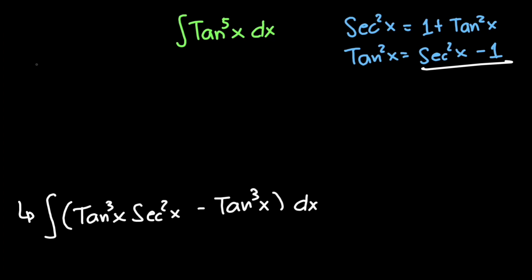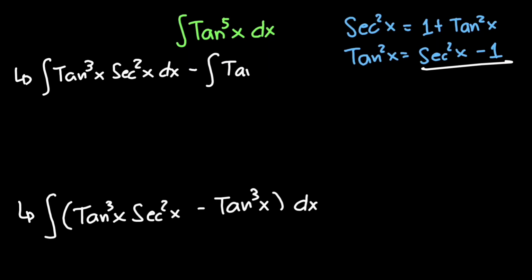So, split the integral apart. This would be the integral of tangent cubed of x secant squared of x dx minus the integral of tangent cubed of x dx.